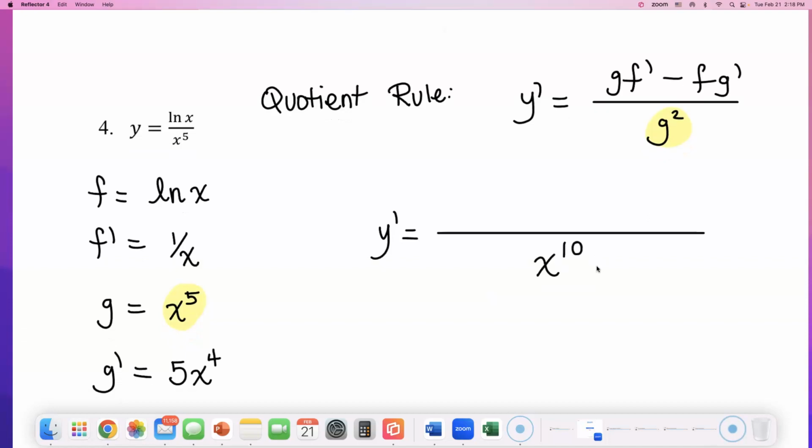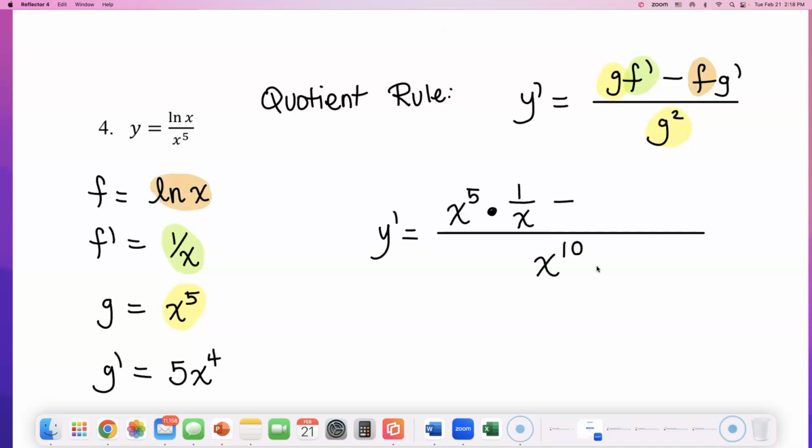Okay, now let's go and do the numerator. So g first. The g was x to the 5th power times, multiply this by f prime. Where are you, f prime? 1 over x. Okay, 1 over x minus, what's f?